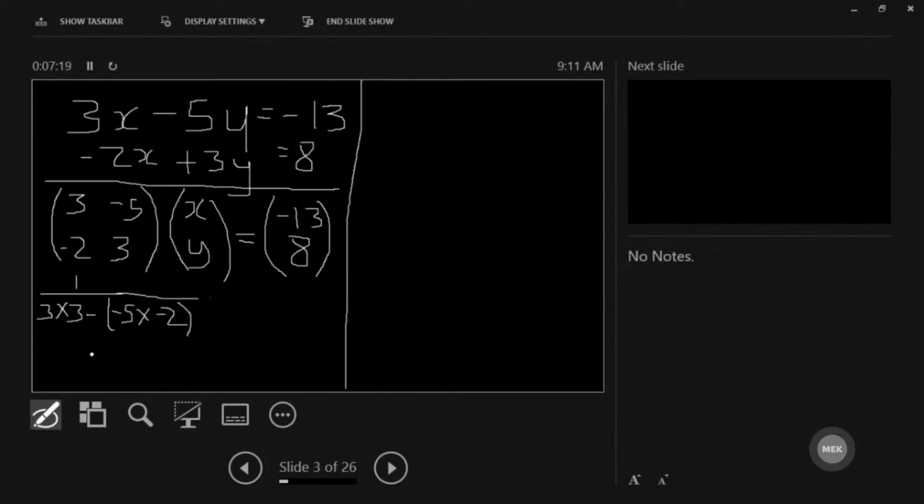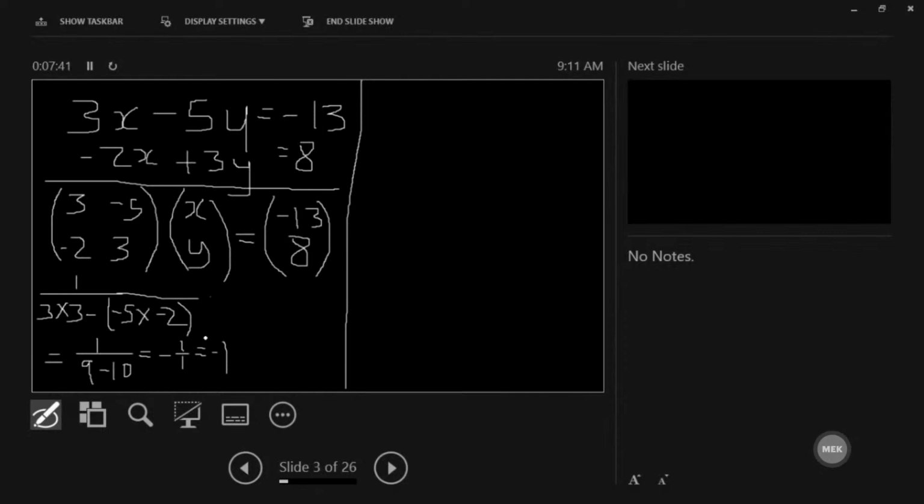And that gives 1 over 9 minus 10. So that's negative 1 over 1, which is negative 1. So 1 over the determinant gives us negative 1.